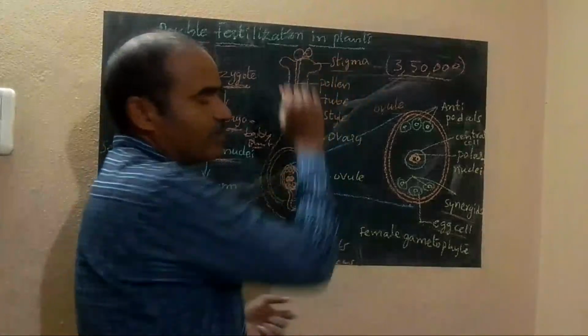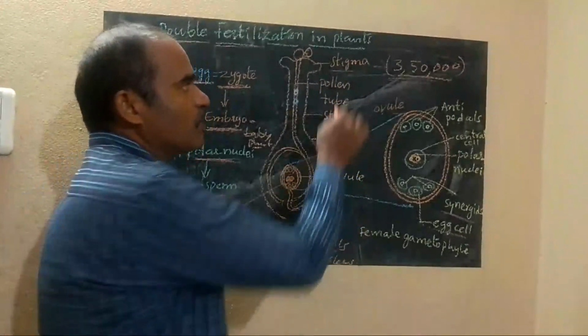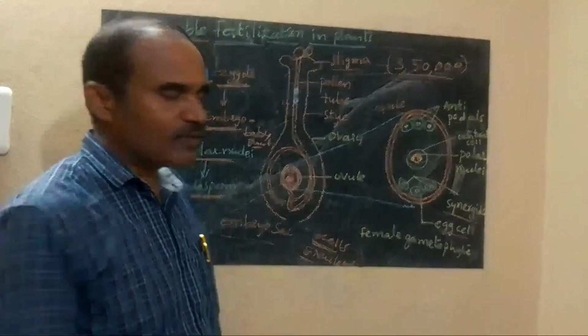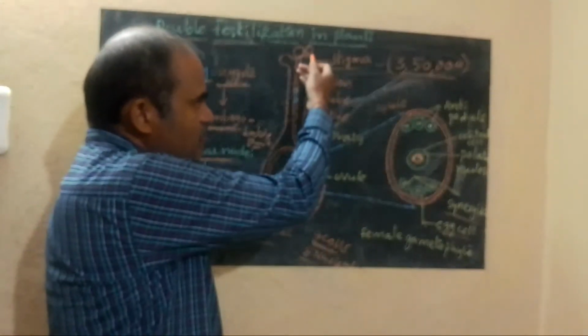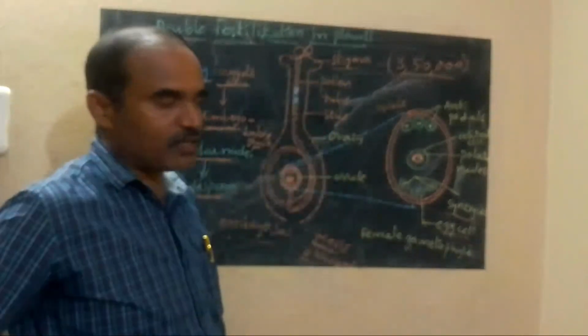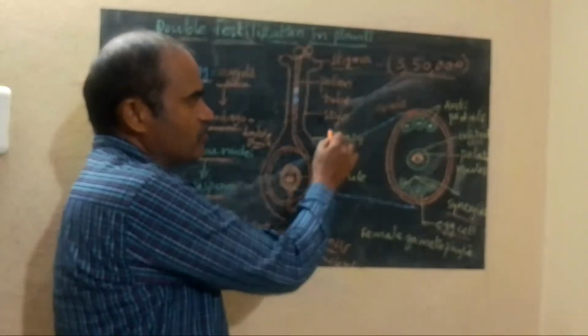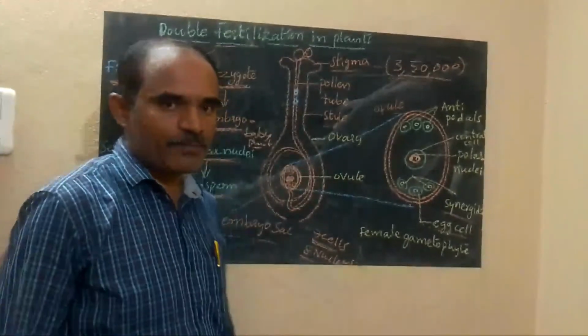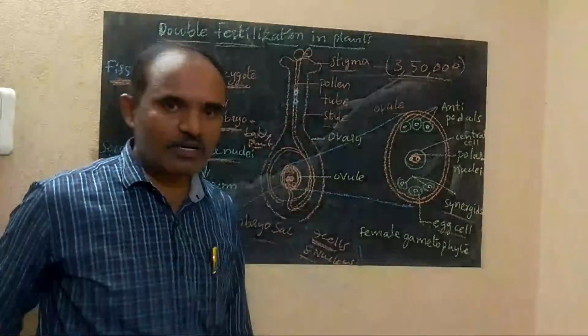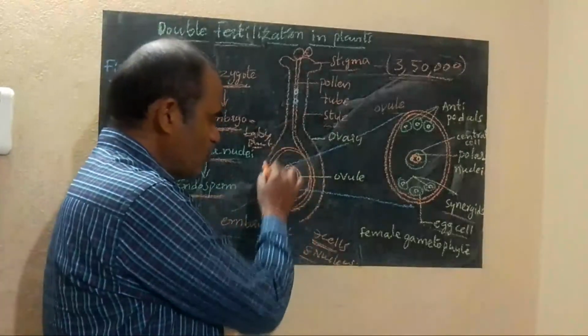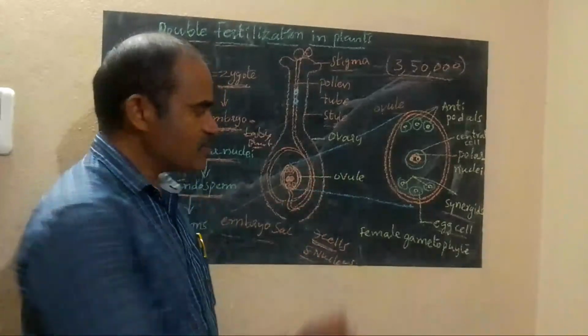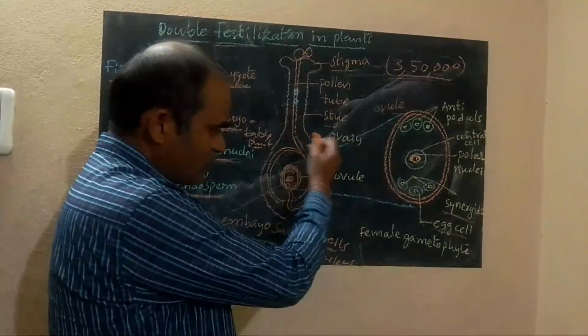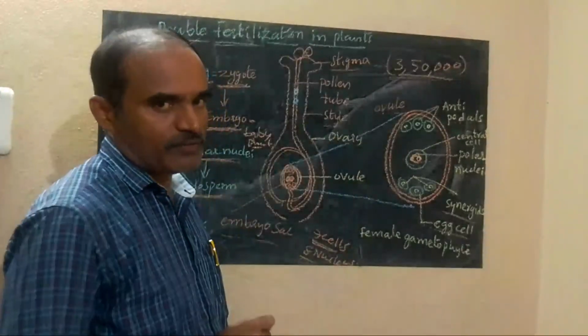The upper part is called stigma. Below the stigma there is an elongated tube-like structure called style, and the lower oval-shaped part of the pistil is called ovary.